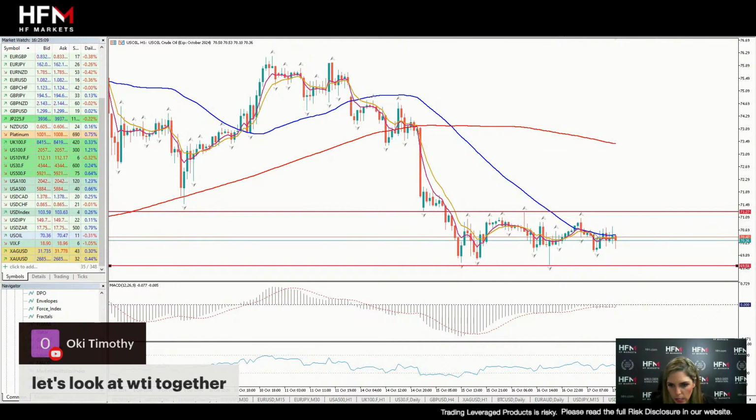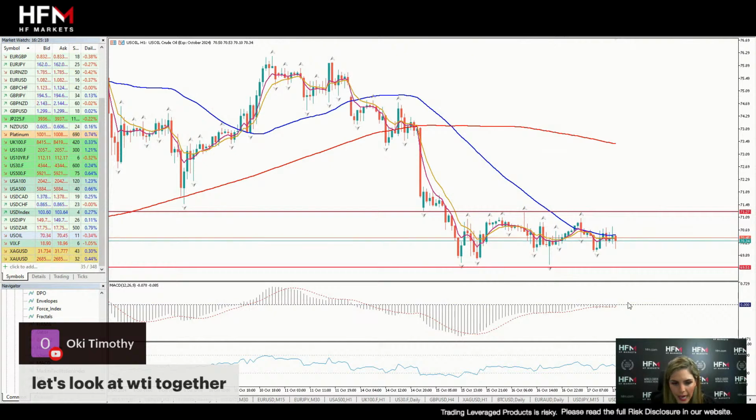Let's round it up a bit, okay? So this is a very important intraday ranging market. You can see that momentum is flat. So a lot of consolidation will basically continue, Timothy, for oil.